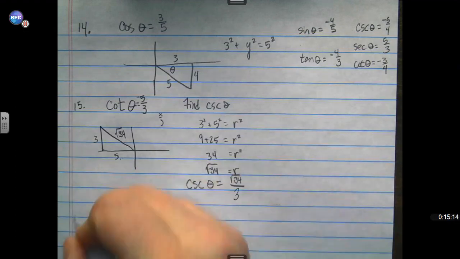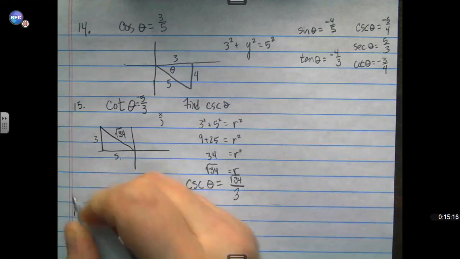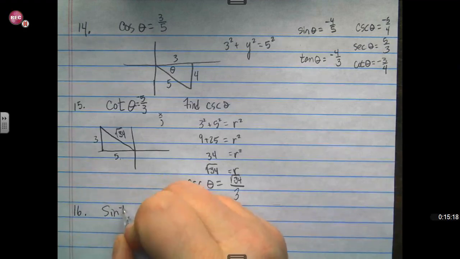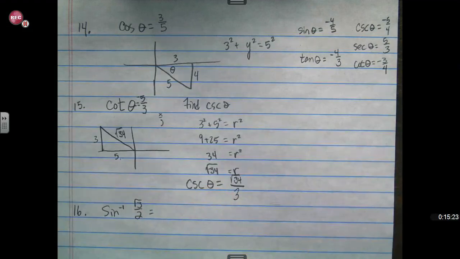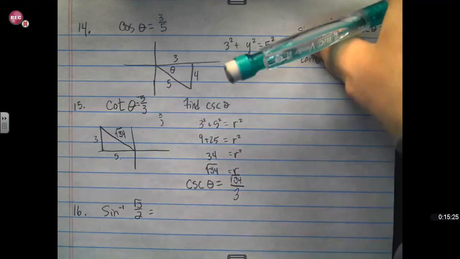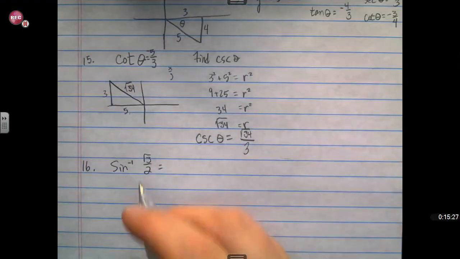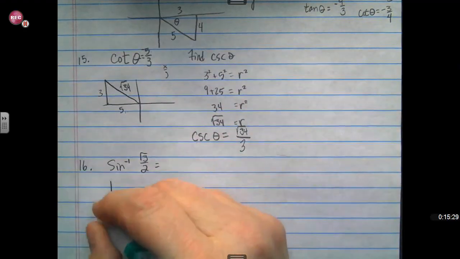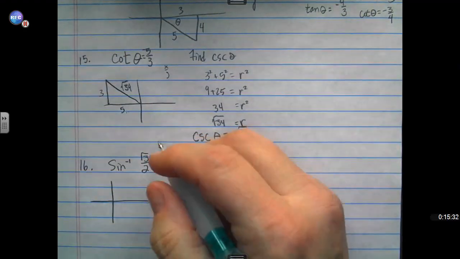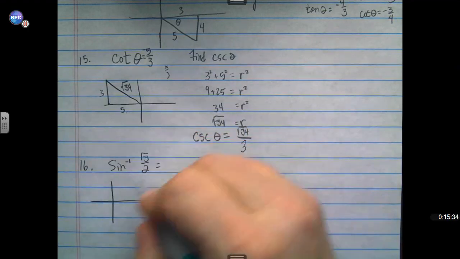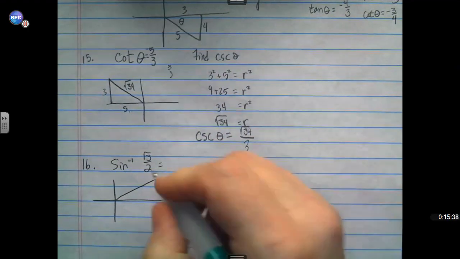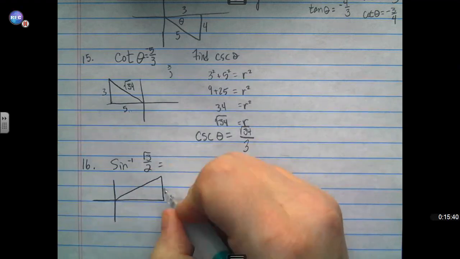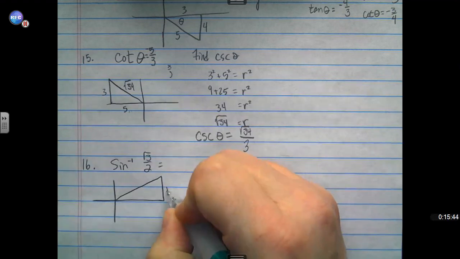Number 16. We have the inverse sine of square root 3 over 2. Because it's an inverse, there's going to be exactly one answer, and my domain is restricted to either the first or the fourth quadrant. This is positive, so it's in the first. The y value is square root 3.